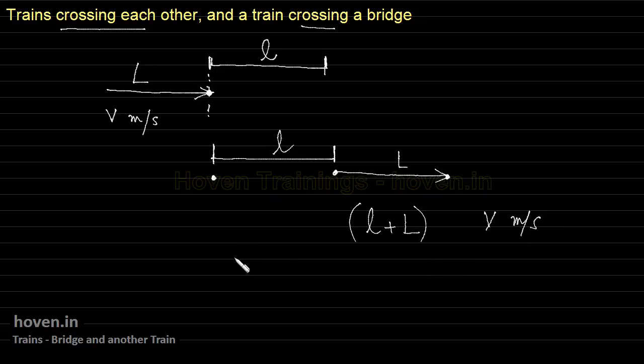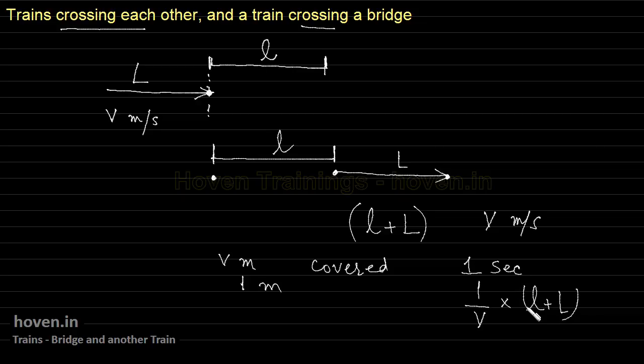Now from the basic principles we can say that v meters are covered by the train in how many seconds? In 1 second, because this is the definition of the speed, v meters per second. 1 meter is covered in 1 by v seconds, and l plus L meters are covered in (l plus L) by v seconds.